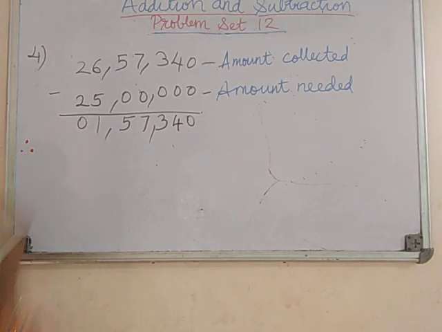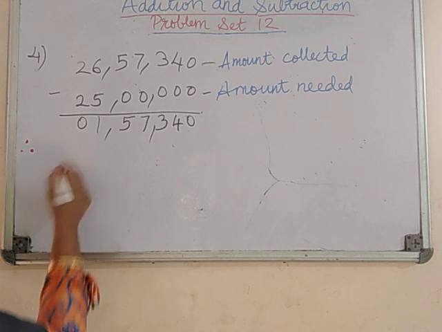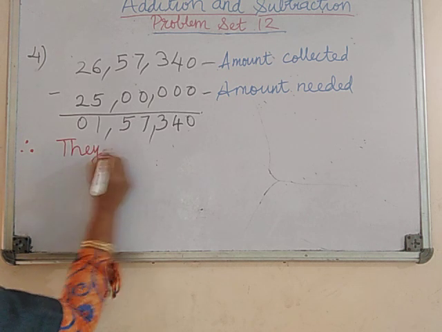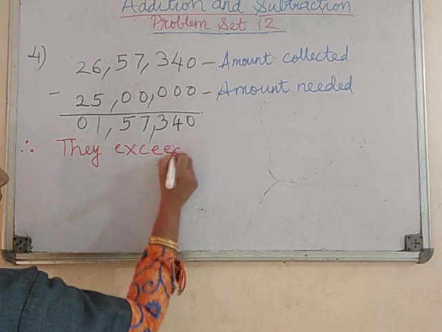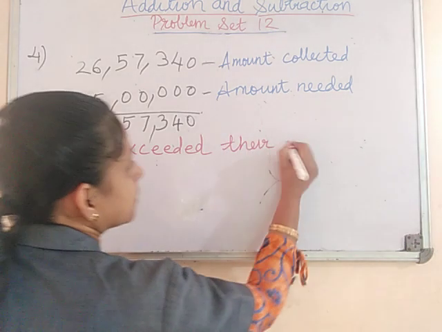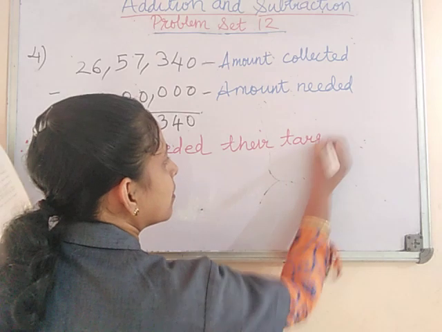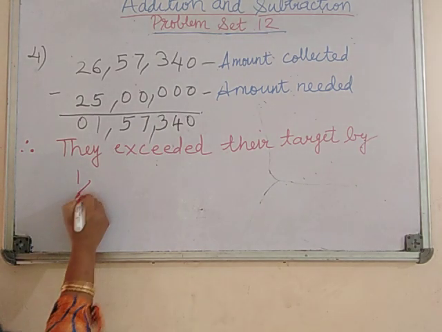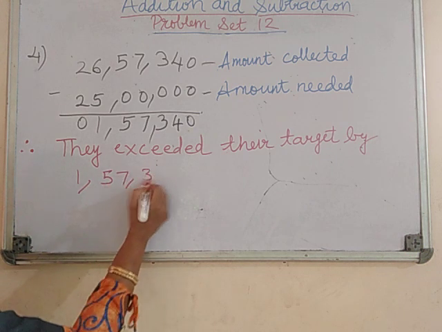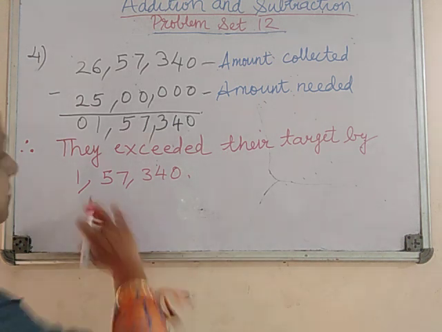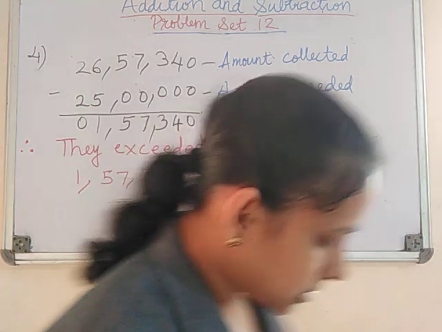Therefore, they exceeded their target by 1,57,340. Since rupees and all is not given, you can write simply in this manner. Fine, students. So this is regarding the fourth problem.